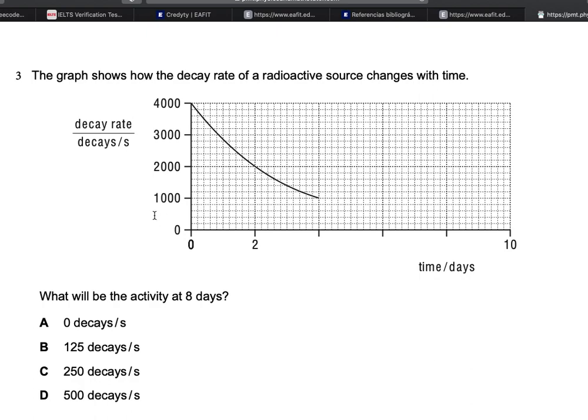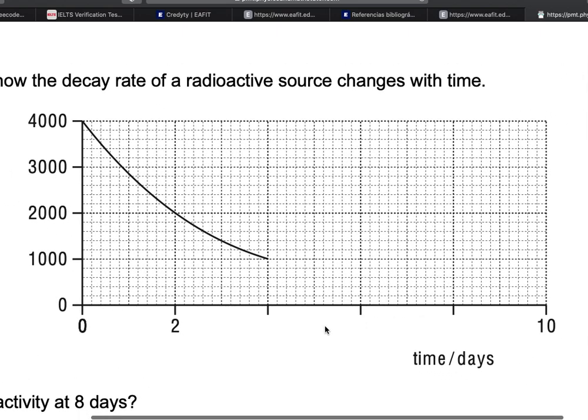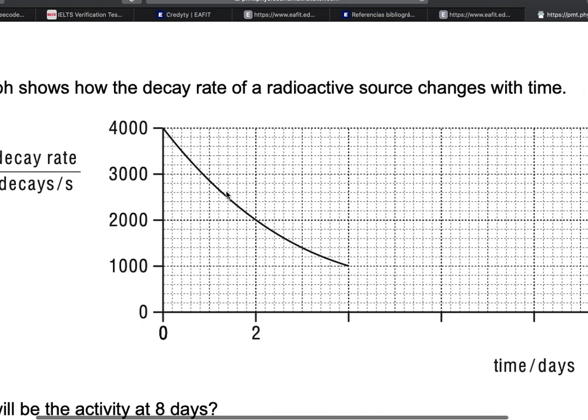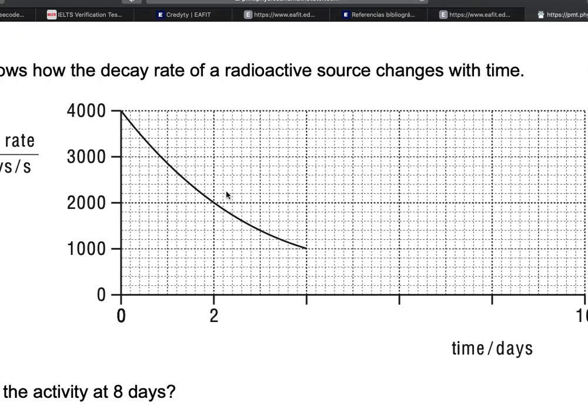You can see the graph has time in days on the x-axis and decay rate on the y-axis, in decays per second, that is how many are passing from unstable to stable, the number of atoms. In this case we have 44,000 decays per second, it says.